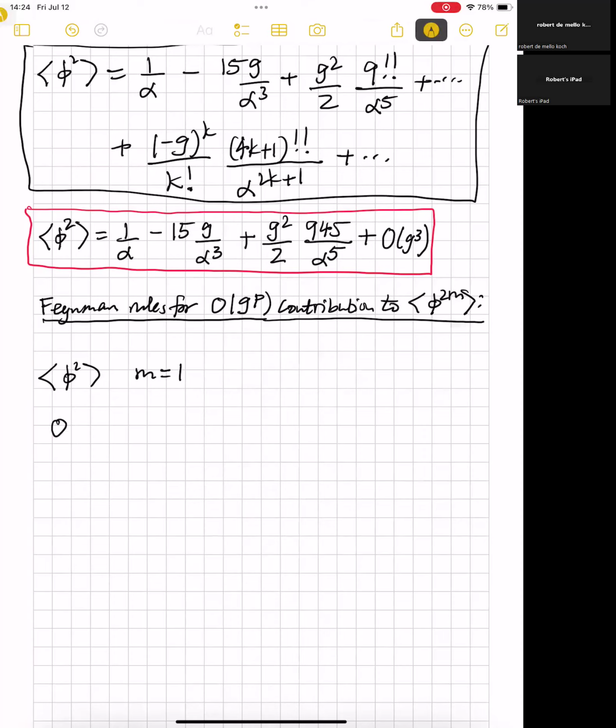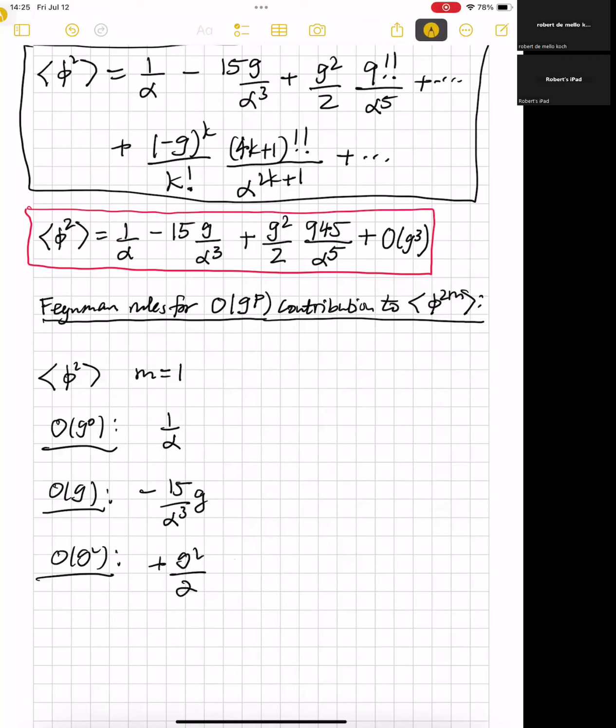And if we're looking for the order g to the naught contribution, looking at the red box above, that would be 1 over alpha. The order g contribution would be minus 15 over alpha cubed times g. And the order g squared contribution would be plus g squared over 2 times 945 over alpha to the 5, sorry, that should be 5.